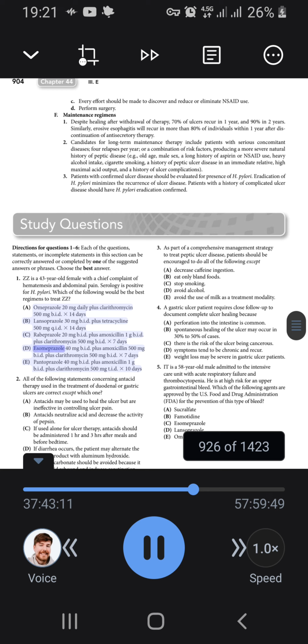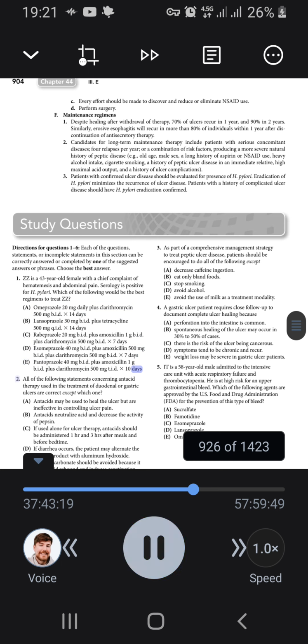D. Esomeprazole 40 mg b.i.d. plus amoxicillin 500 mg b.i.d. plus clarithromycin 500 mg b.i.d. for 7 days. E. Pantoprazole 40 mg b.i.d. plus amoxicillin 1 gram b.i.d. plus clarithromycin 500 mg t.i.d. for 10 days.